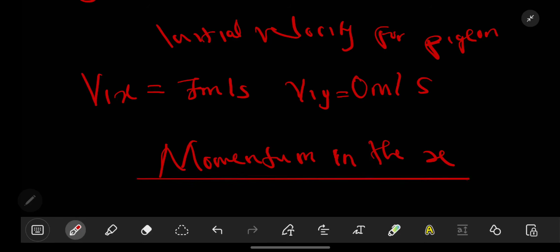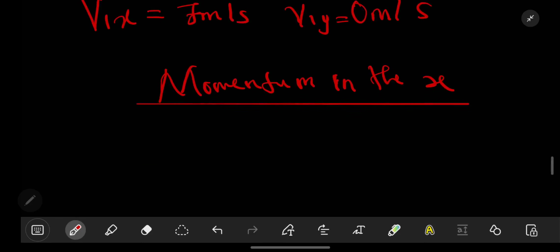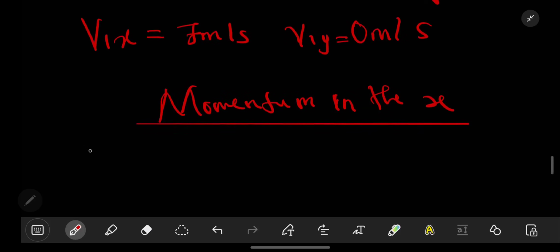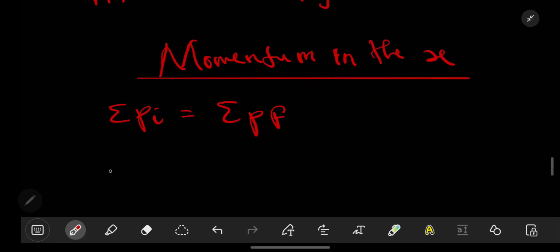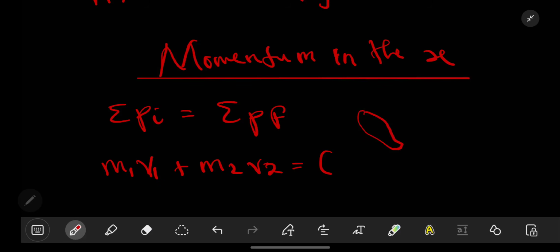The summation of initial momentum is equal to the summation of the final momentum, so m1 v1 plus m2 v2 should be equal to, when it holds the bird, they form one mass. It is not letting go, so it is one mass: m1 plus m2 times the final velocity in the x-axis.